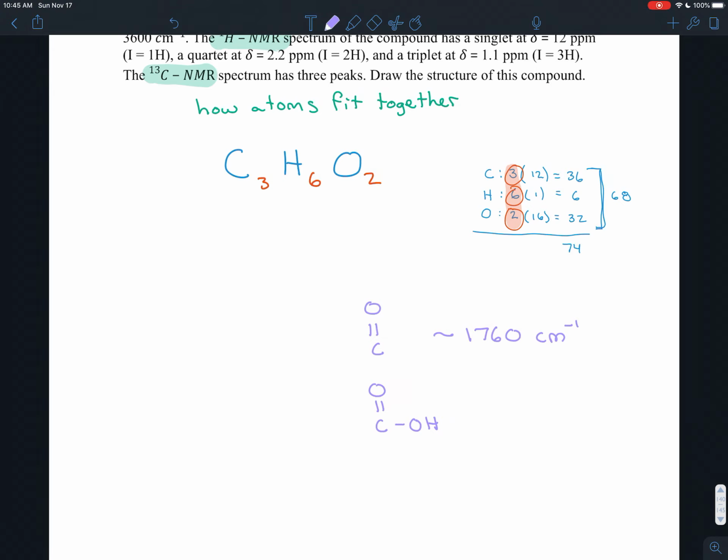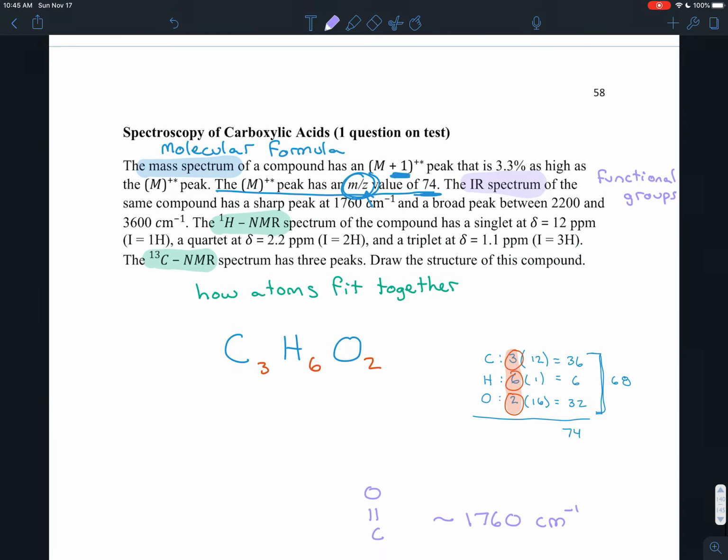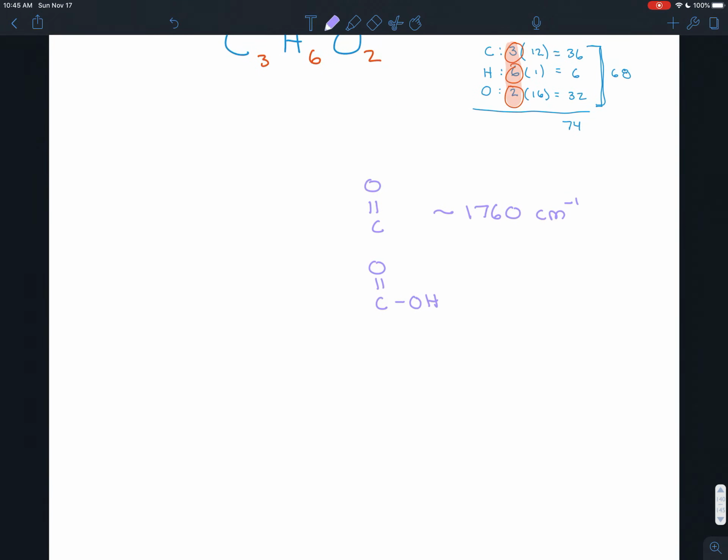But for carboxylic acids, what's spreading it out are the hydrogen bonds that weaken the bonding here, and give it a different energy that it vibrates at, and so it'll absorb light energy at different places. So it's the hydrogen bonding that spreads it out, and carboxylic acids are famous for forming very strong, frequent hydrogen bonds.